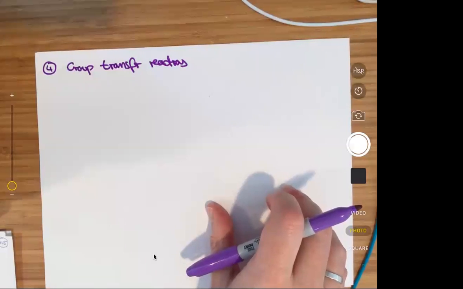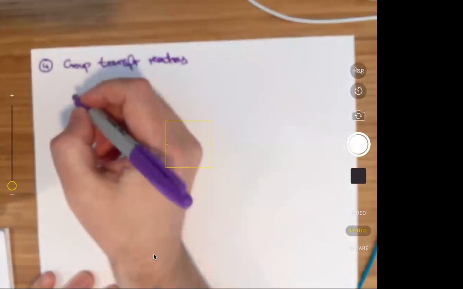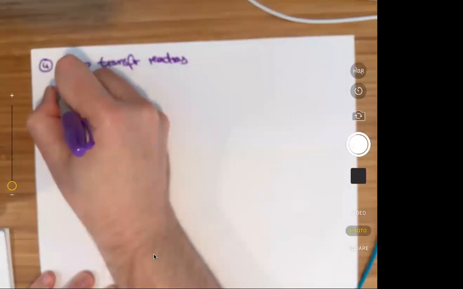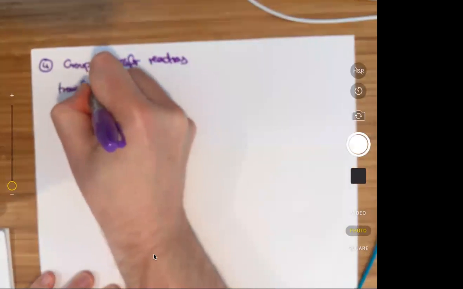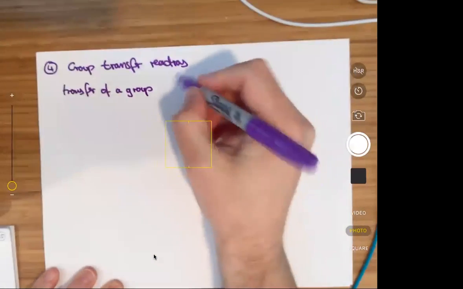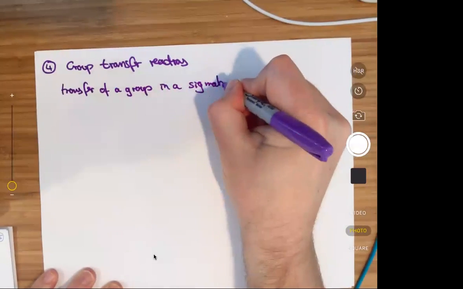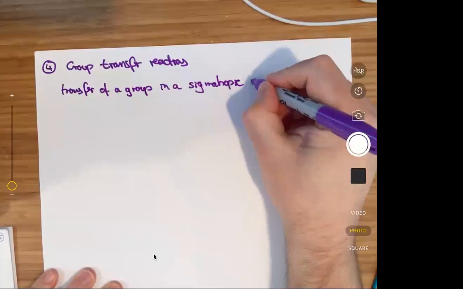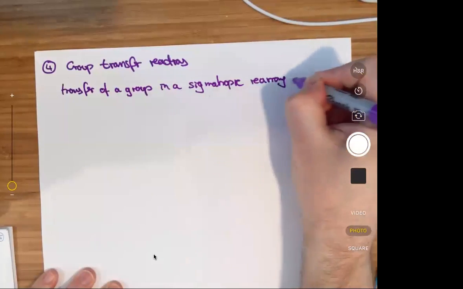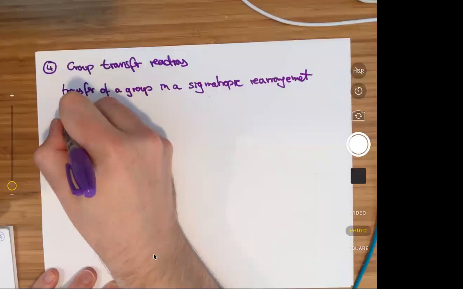What is characteristic of group transfer reactions is that it's essentially a sigmatropic rearrangement that involves an addition or fragmentation. So it's a transfer of a group in a sigmatropic rearrangement that involves addition or fragmentation.